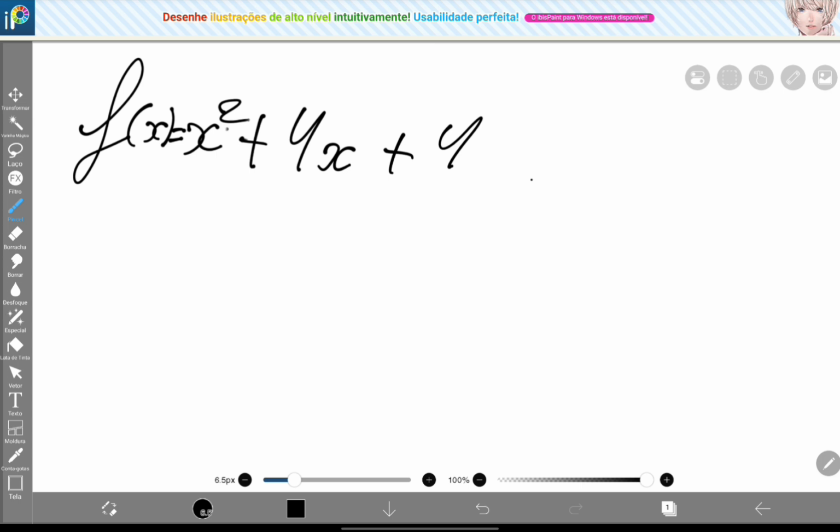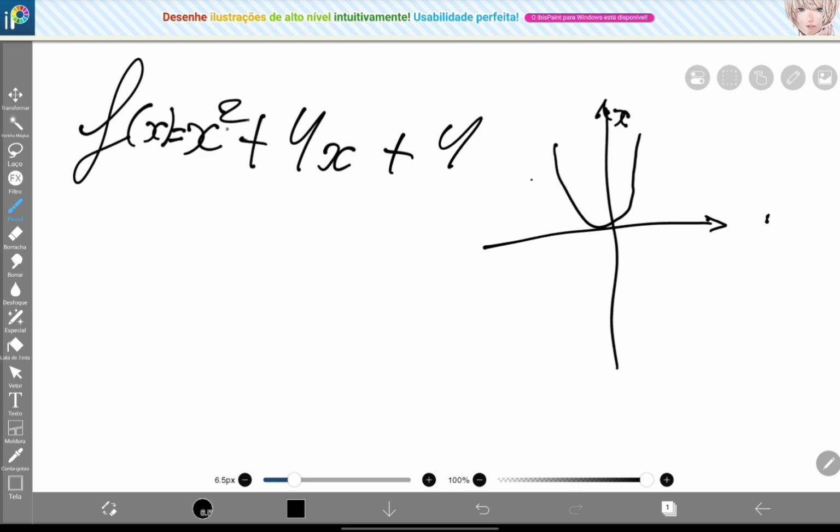So this is a function. We can get the x's, and a quadratic function looks kind of like this. We don't know what it looks like because we need to put it in another form.